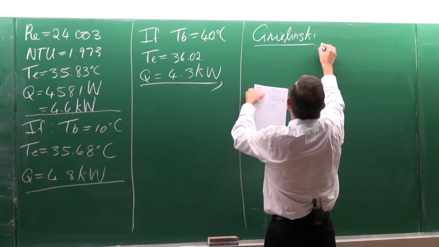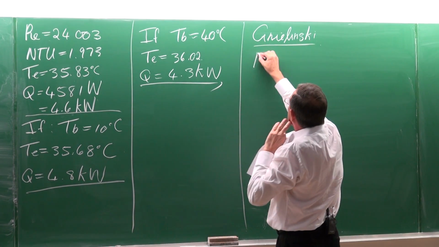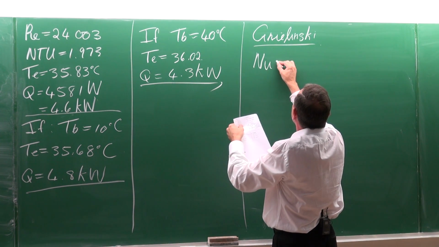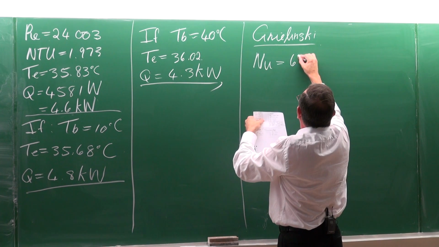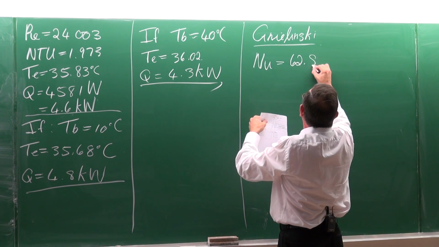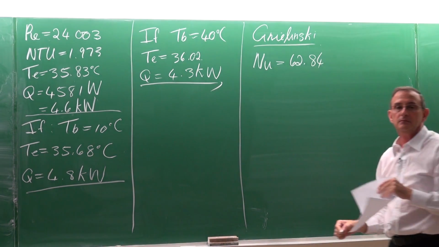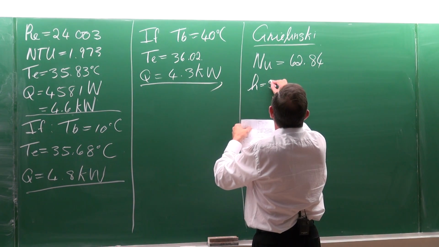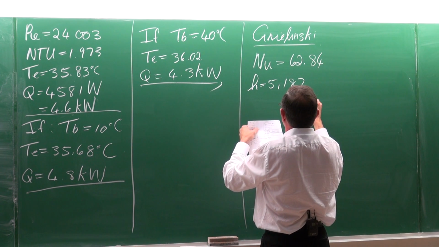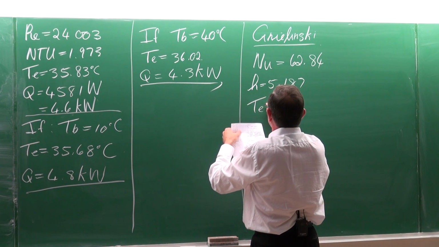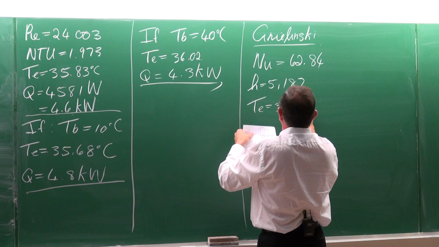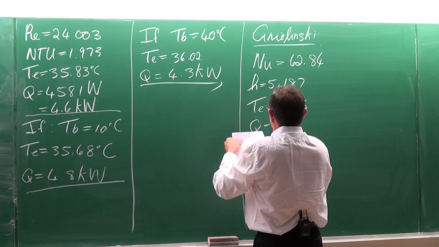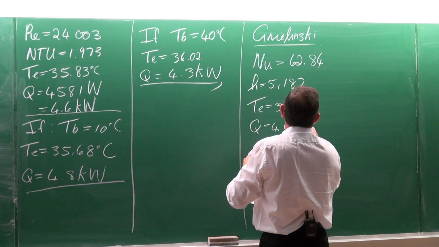If you would calculate the Nusselt number according to Gnielinski, it would be 62.84. The heat transfer coefficient would be equal to 5.187. Outlet temperature would be equal to 35.15, and the heat transfer rate would be equal to 4.6 kilowatts.